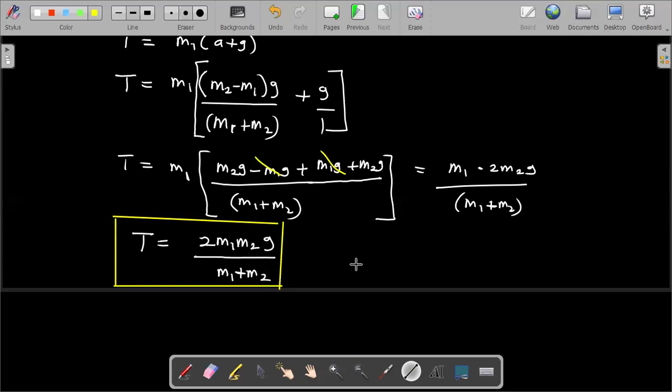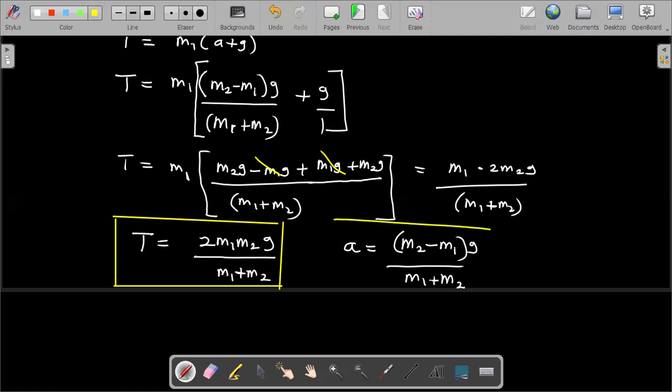And we have already established our acceleration A is equal to (M2 minus M1)G all over M1 plus M2. Okay, let's put this one also in the box.